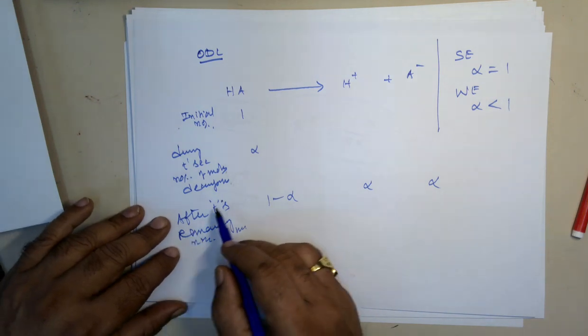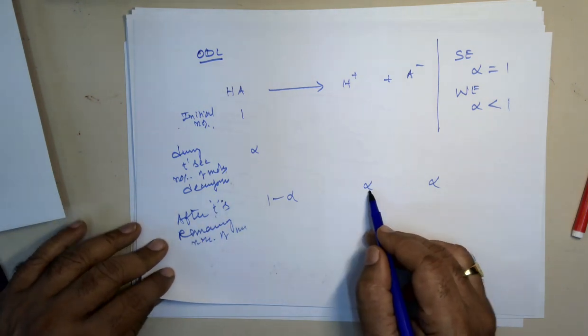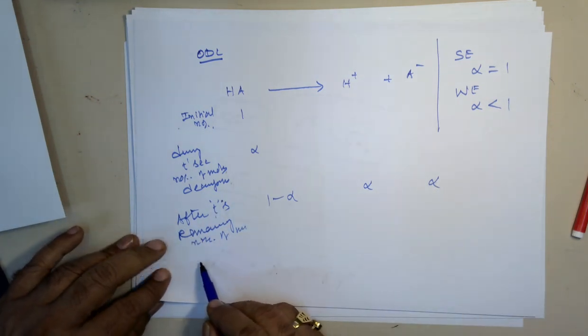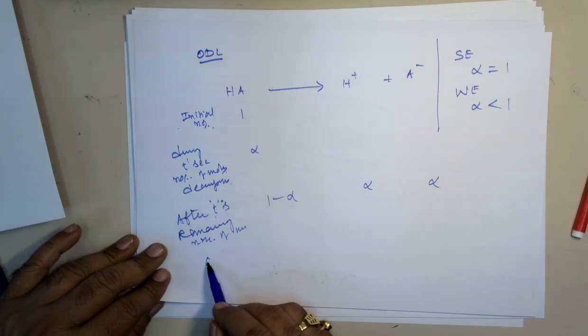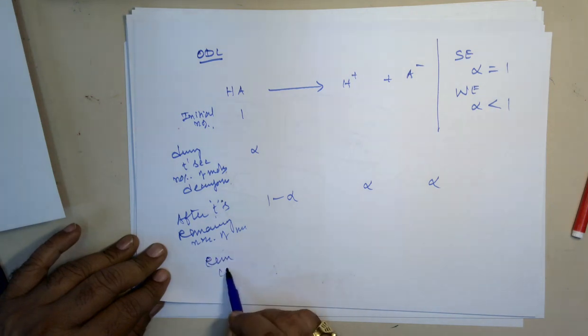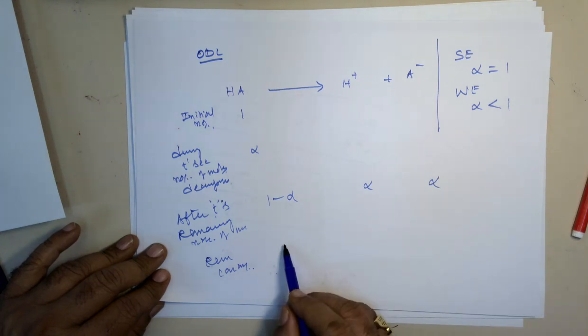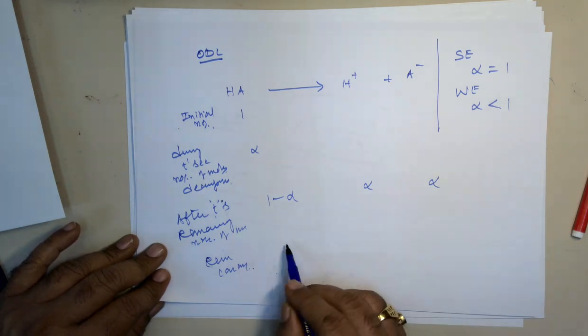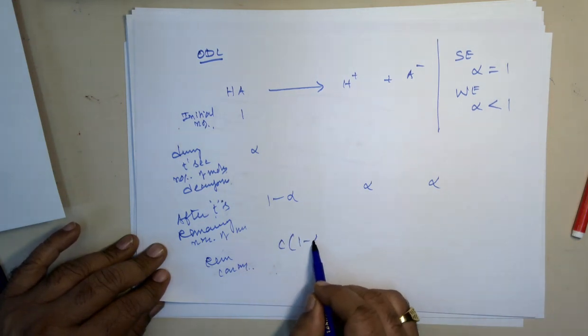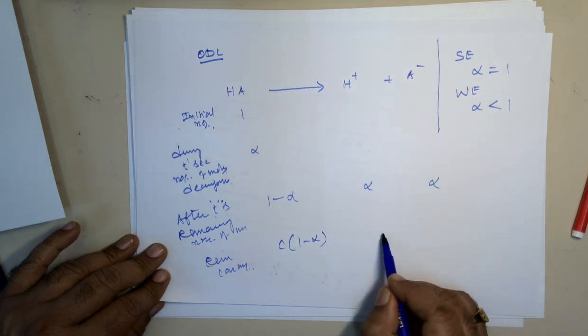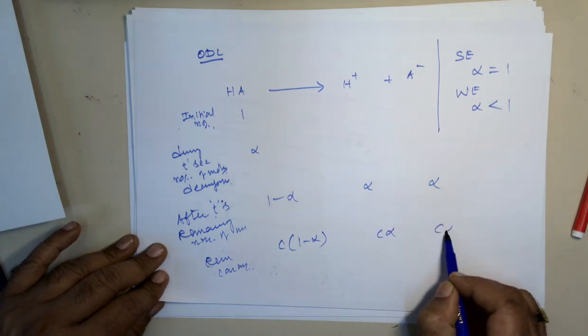Now, this is 1 minus alpha, alpha. Let us calculate the concentration. What is the remaining concentration? Simply multiply by C, so you will have the concentration C into 1 minus alpha, and C alpha, and C alpha.